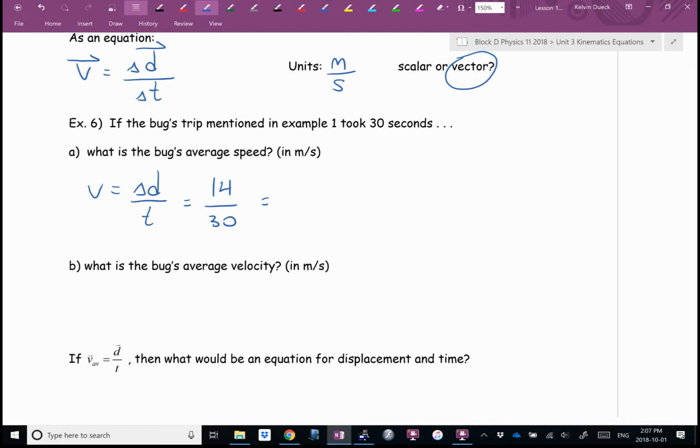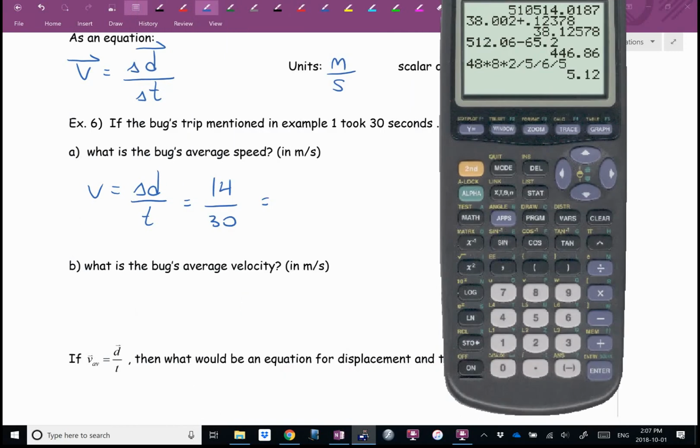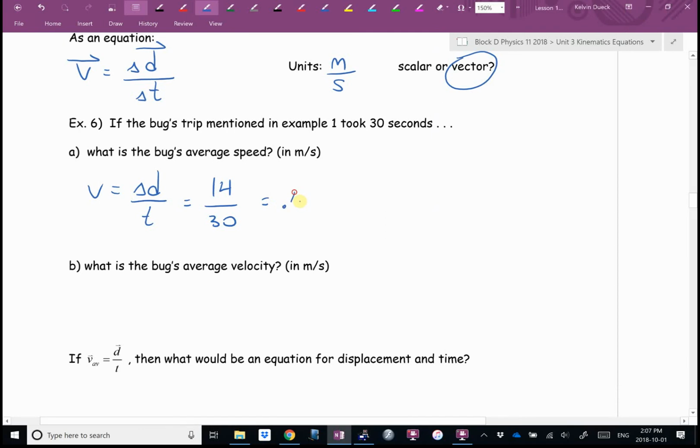It's going to be the same as 70 divided by 15, divided by 5, divided by 5. Oh, no, I'm getting yucky numbers. Do you get 0.46 repeating? So if I go to 3 sig figs, 0.467, yes? Meters per second.